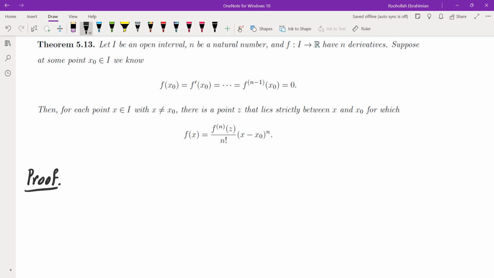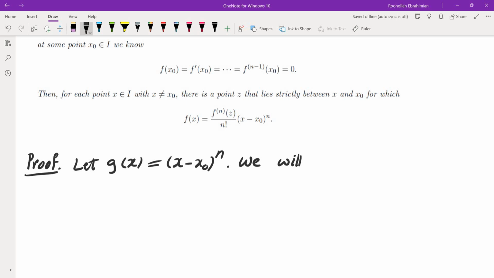Okay, so let's see how we can prove this. We're going to apply the previous theorem, the Cauchy Mean Value Theorem, to the function f of x and (x minus x naught) to the power of n. So let g of x be (x minus x naught) to the power of n.